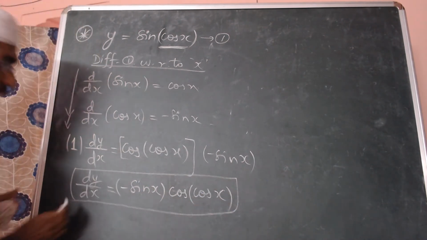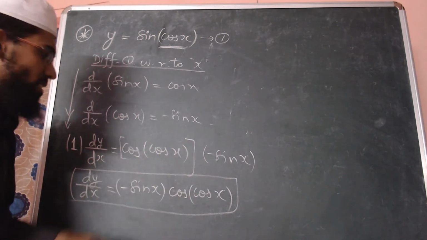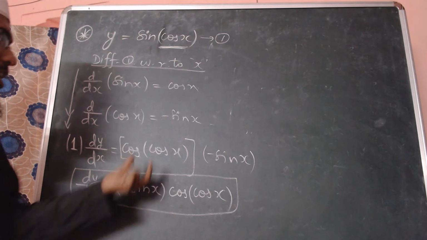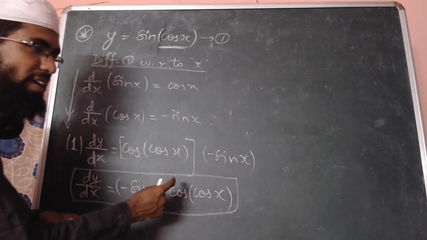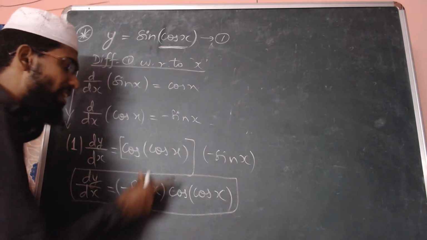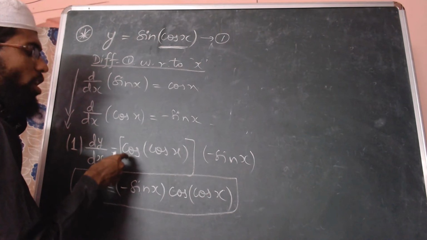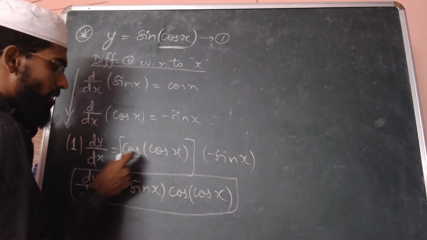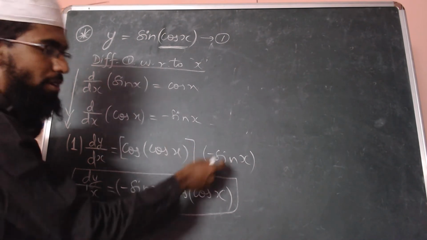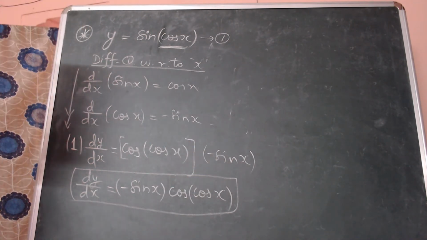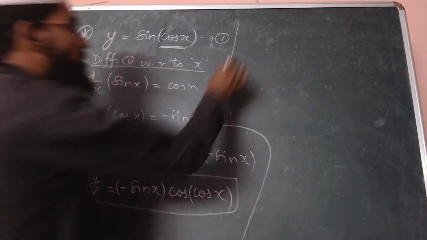If I don't put this bracket, the meaning will change, because some of you may think that cos x into minus sin x together is the argument of this cos. It is not like that. The argument of this cos is this cos x alone. That's why I am closing with the bracket, then writing minus sin x.